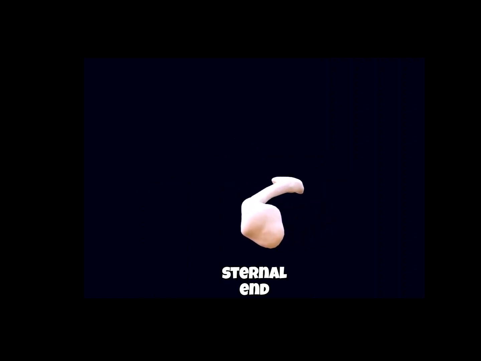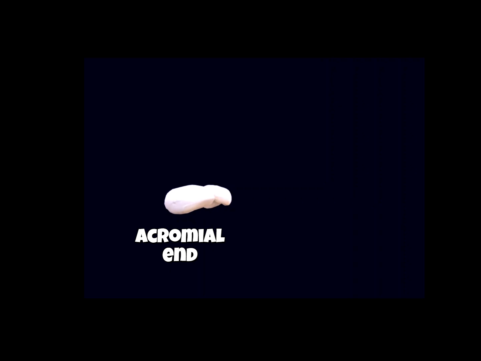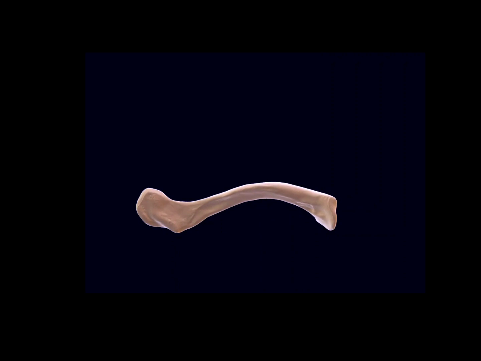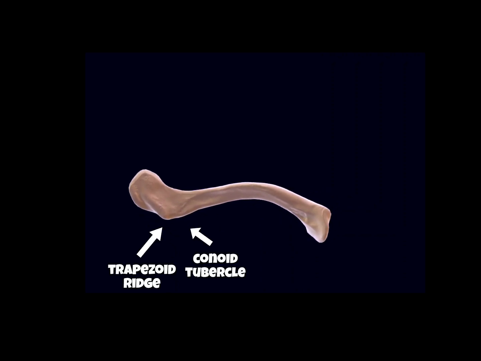The medial or sternal end is thick and articulates with the manubrium of the sternum and the first costal cartilage, while the lateral or acromial end is flat and articulates with the acromion of the scapula. The inferior surface of the clavicle bears the conoid tubercle and trapezoid line for attachment of the coracoclavicular ligament, which stabilizes the scapula to the clavicle.